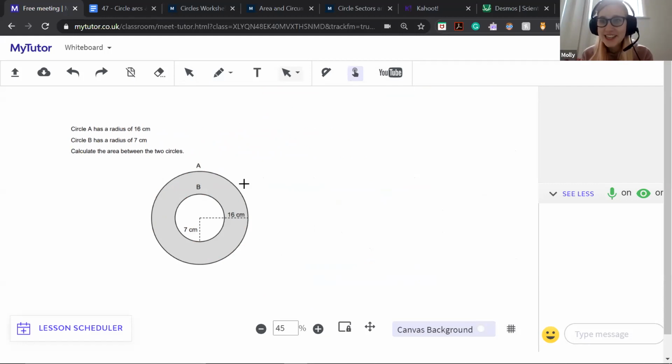Oh my God, I did a food analogy again. The donut ring there. So you can see that circle A, this wider outer circle, has a radius of 16 centimeters. And our inner circle here, circle B, has a radius of 7 centimeters. So again, in the chat, does anybody know how we're going to find the solution to this one?